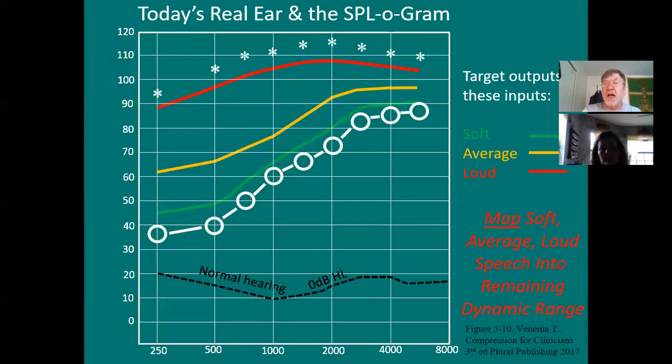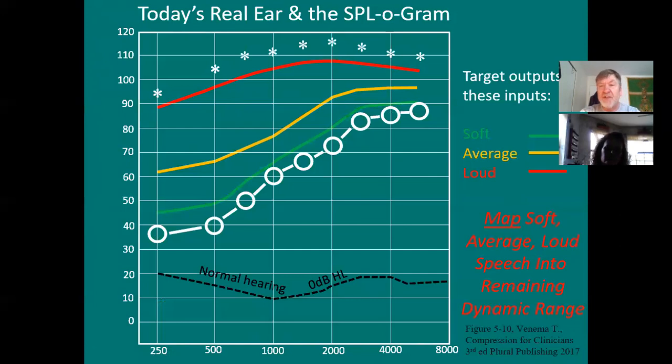So this, in my opinion, is the most important slide of the entire PowerPoint, right here. This is today's real ear, and this is what they're all trying to do. Hearing loss, 3 different targets.